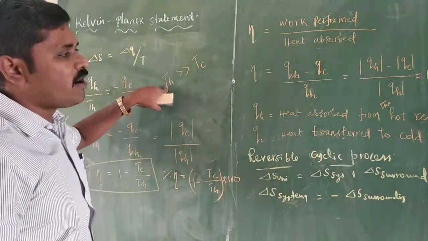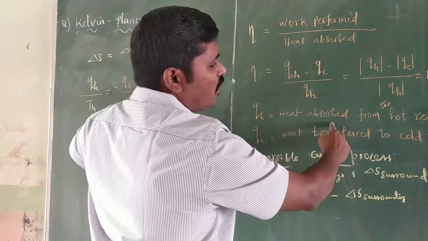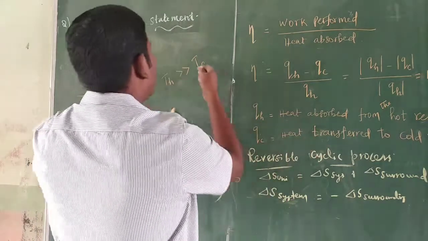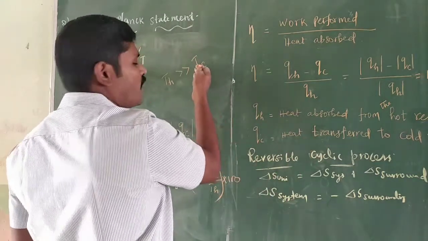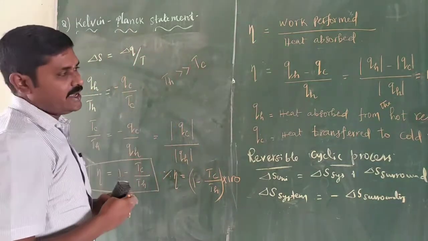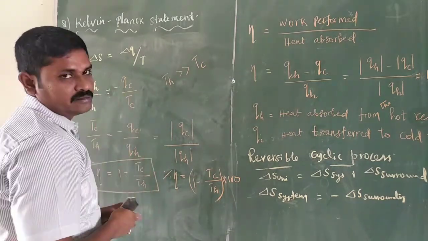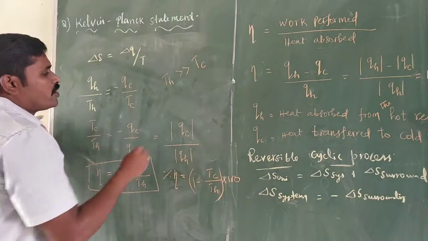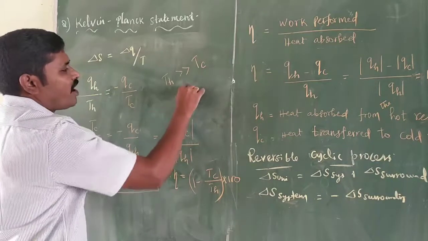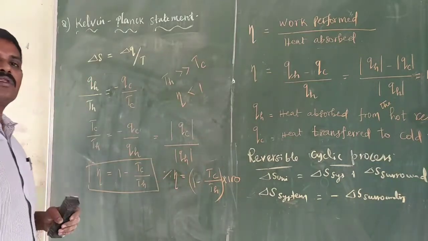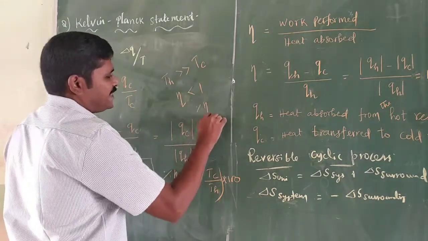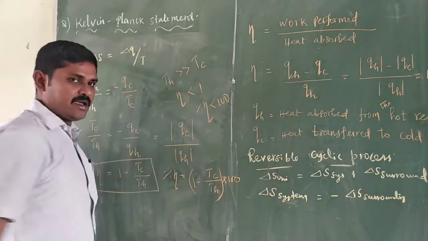The temperature of the hot reservoir is greater than the temperature of the cold reservoir, which is lesser. And in all engines, the efficiency is always less than 1, so the percentage efficiency is always less than 100.